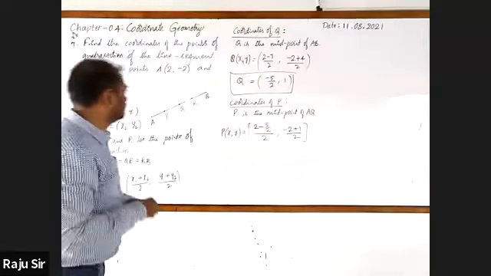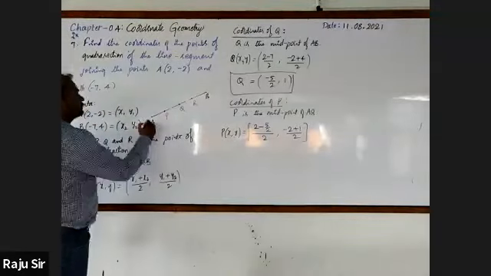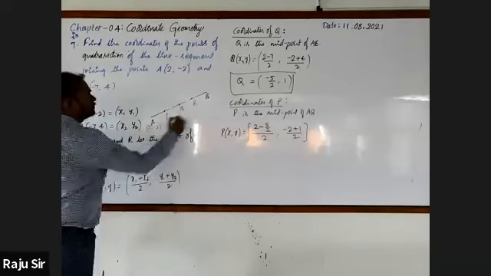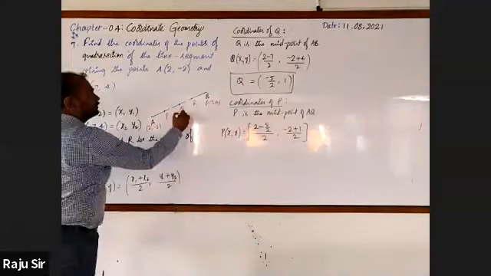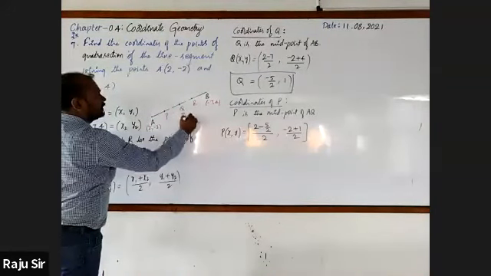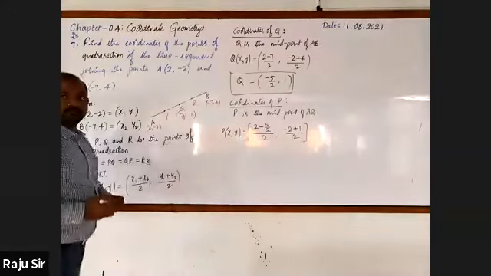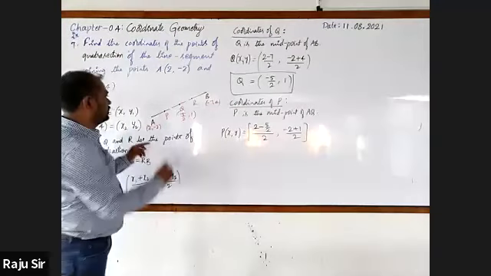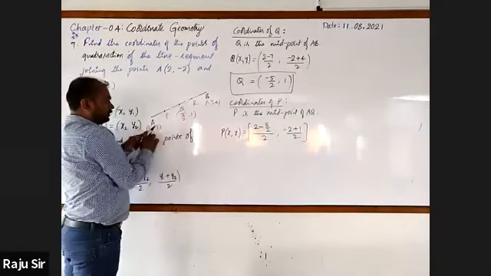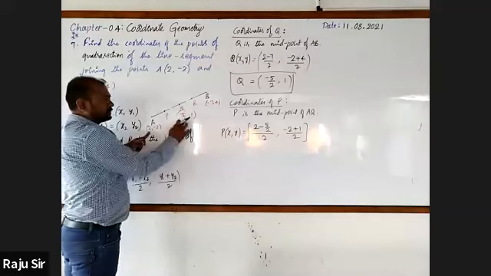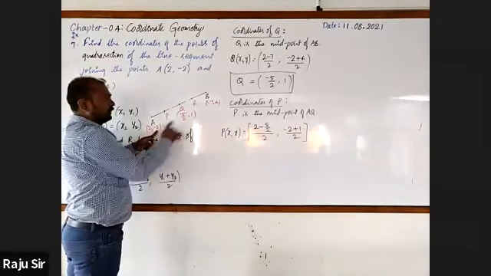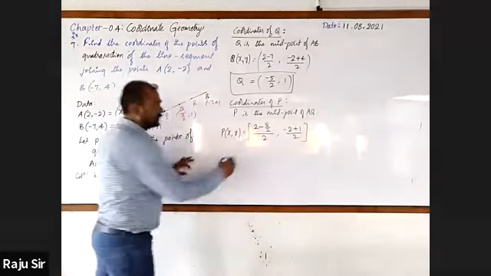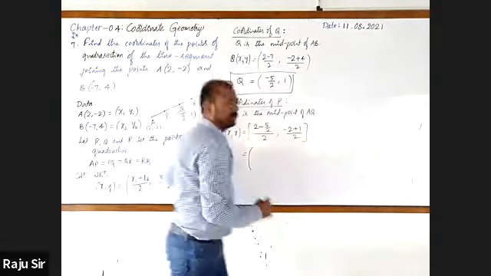A is (2, -2), B is (-7, 4), Q we just found out is (-5/2, 1). As P is the midpoint of AQ, 2 minus 5 by 2, by 2, and minus 2 plus 1 by 2.